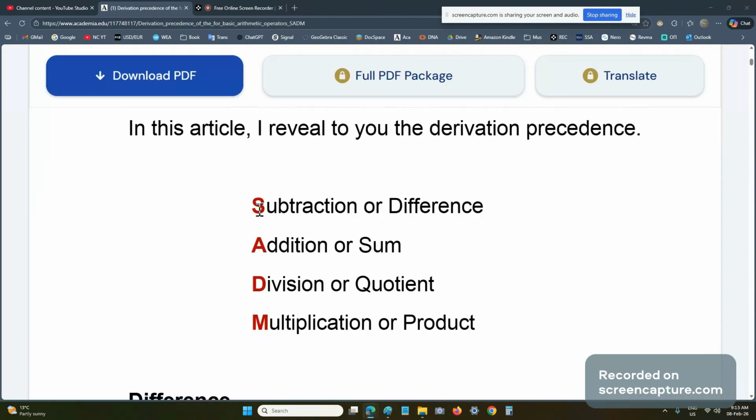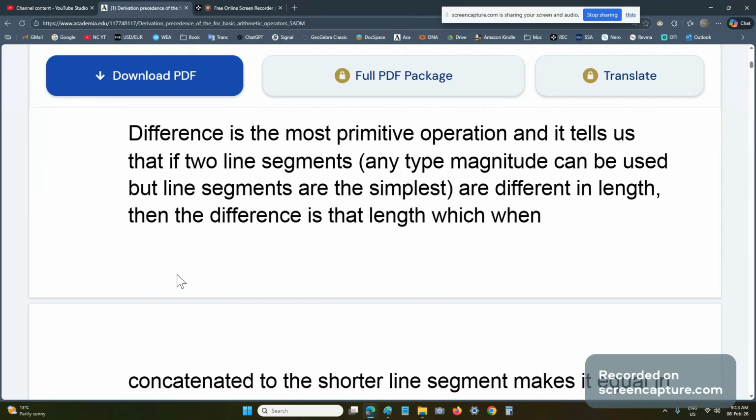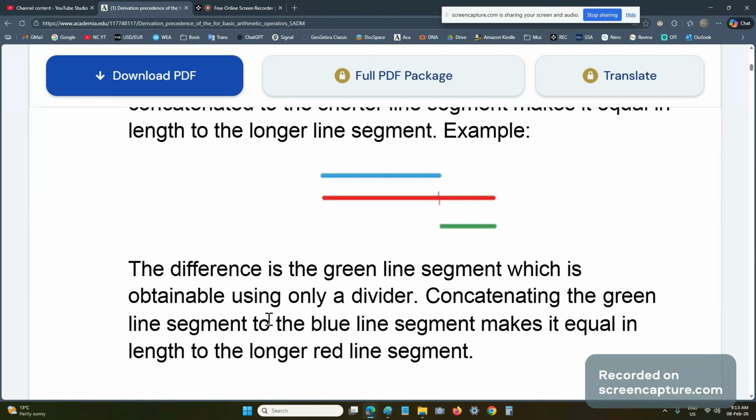And I reveal to you that the derivation precedence is as follows: difference is first, sum comes from difference, quotient comes from either of these two or a combination, and multiplication, yes, you'll be surprised, comes from division. Okay, so how does that work? You'll find out in the article.